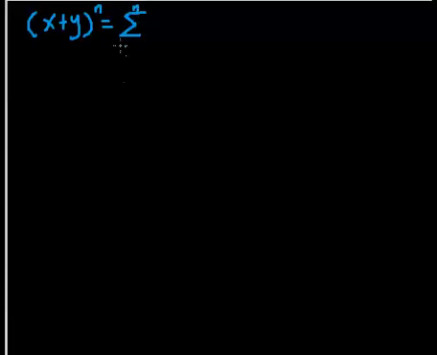Then the lower limit, I use r to represent the lower limit, which of course r starts from 0, in form of combination, n combination r. I will explain all this so that you understand what I mean. Then x raised to power n minus r, then y raised to power r. So don't forget that r starts from 0.